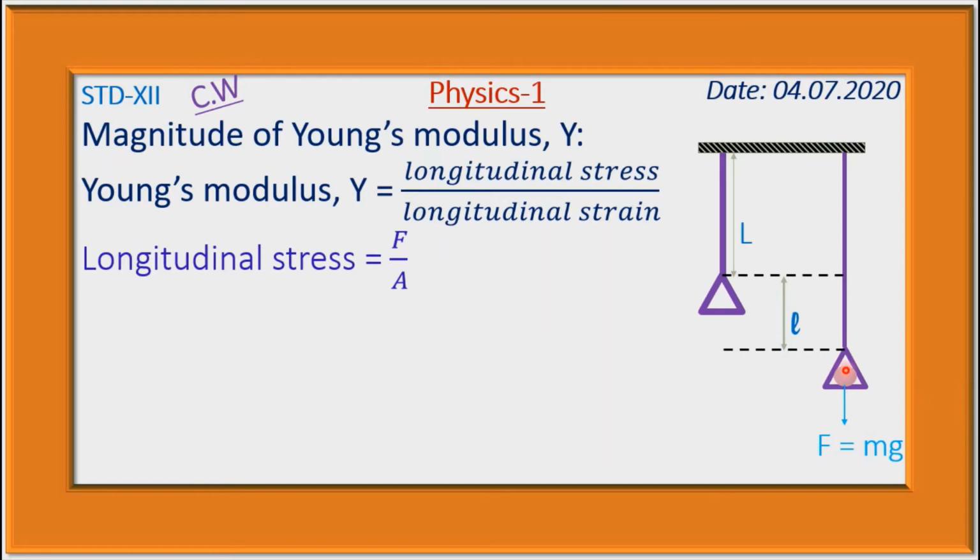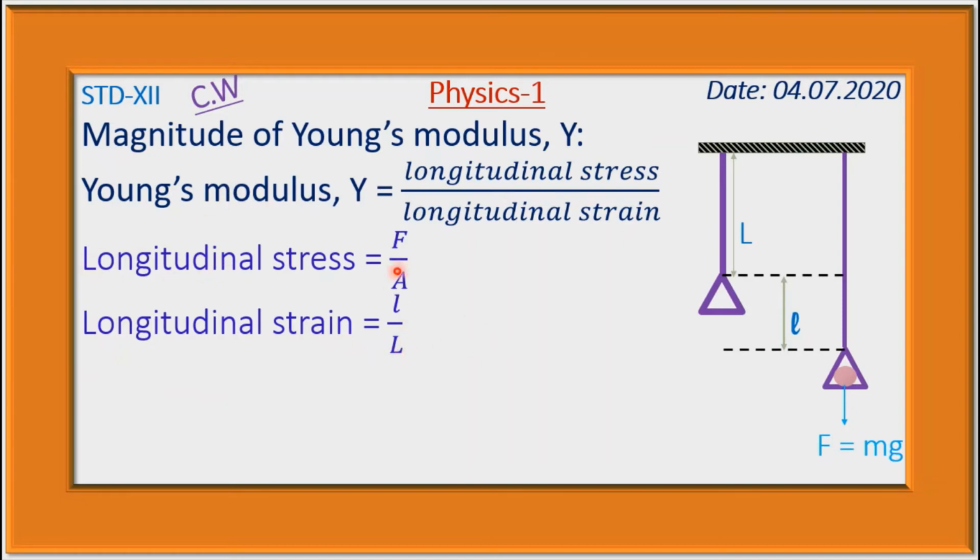We know force per unit area is the stress, so stress is equal to F divided by A, and here change in length is small l and initial length is capital L, so the longitudinal strain is equal to small l divided by capital L.